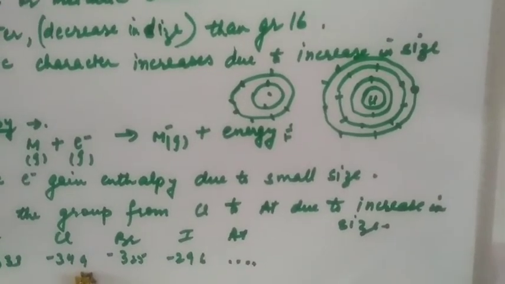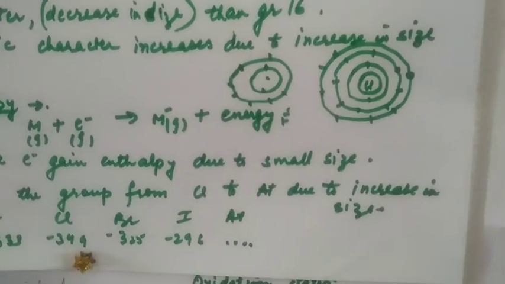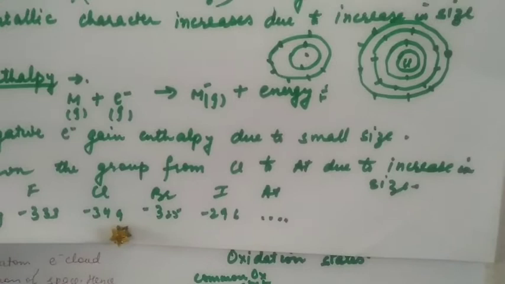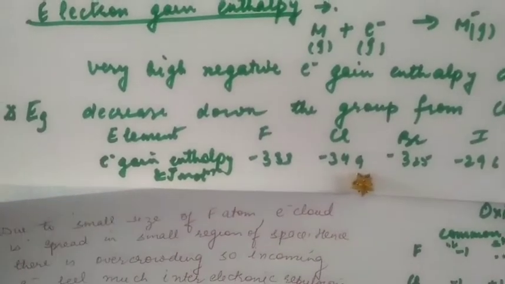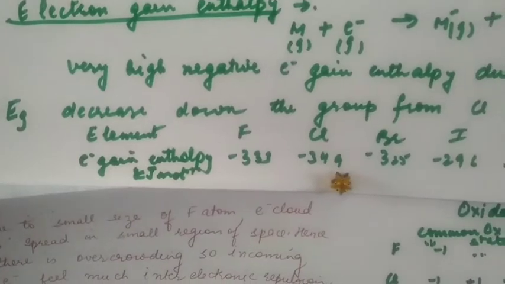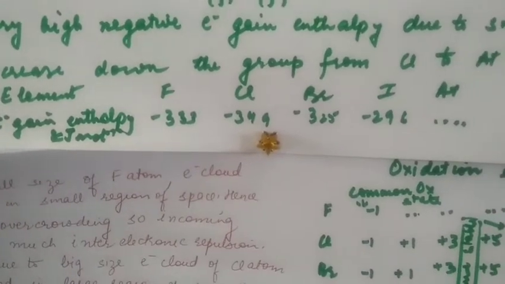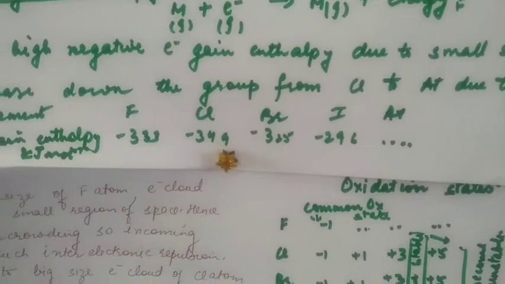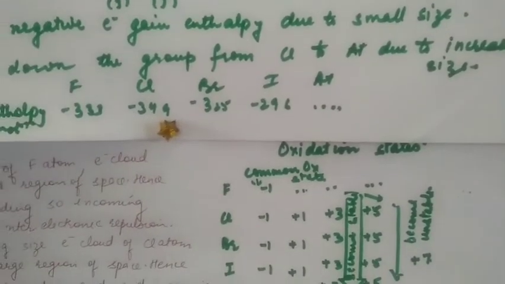Whereas in chlorine, the size is bigger, the impact of the nucleus is less, and there is less inter-electronic repulsion. So you can see that the electron gain enthalpy value for fluorine is -333, which is less than chlorine, -349. And down the group, the electron gain enthalpy values again decrease because of increase in size of the atom.